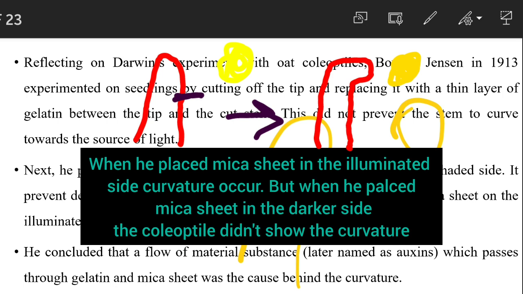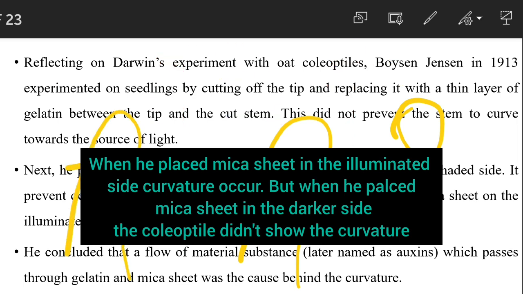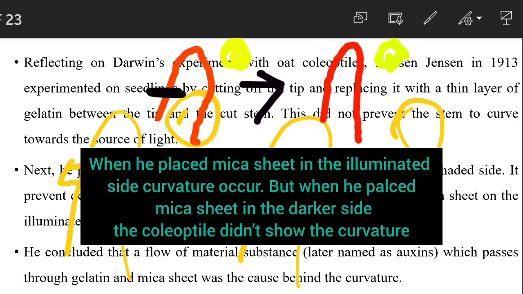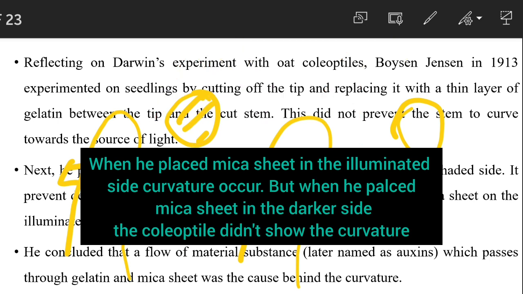That means curvature occurs. But when he placed the mica sheet on the darker side, it prevented the curvature of the coleoptile. That means he concluded the auxin, or the chemical that causes bending, is actually formed on the darker side of the coleoptile.